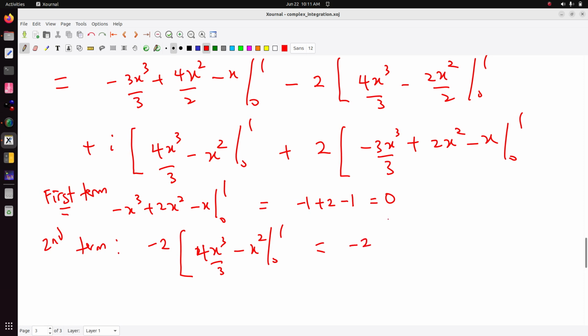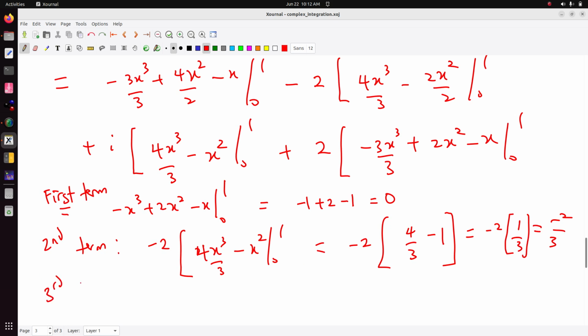So that will be minus 2 into brackets. When x is 1, that will be 4 over 3, then minus 1. So this will be minus 2 into brackets, 4 over 3 minus 1. I think that will be 1 over 3. And that will be minus 2 over 3.